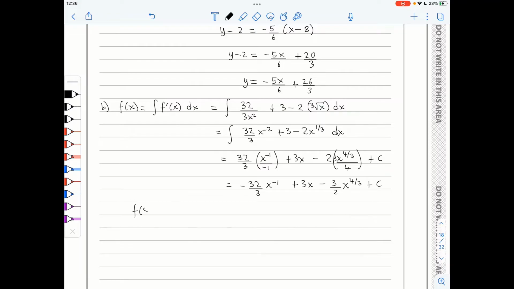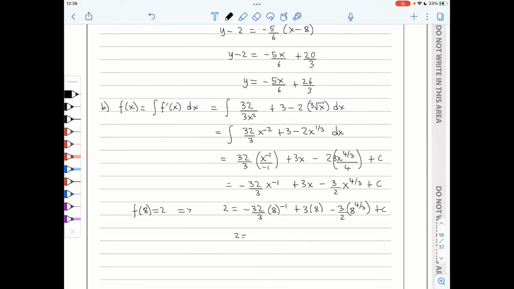This means that f of 8 is 2, and therefore 2 is minus 32 over 3, 8 to the minus 1, plus 3 times 8, minus 3 over 2 times 8 to the 4 over 3, plus c.